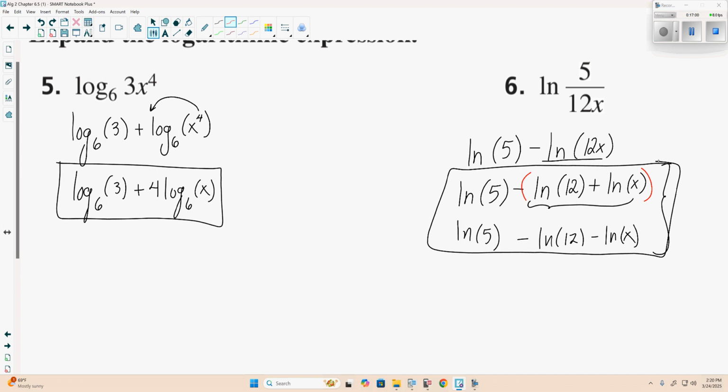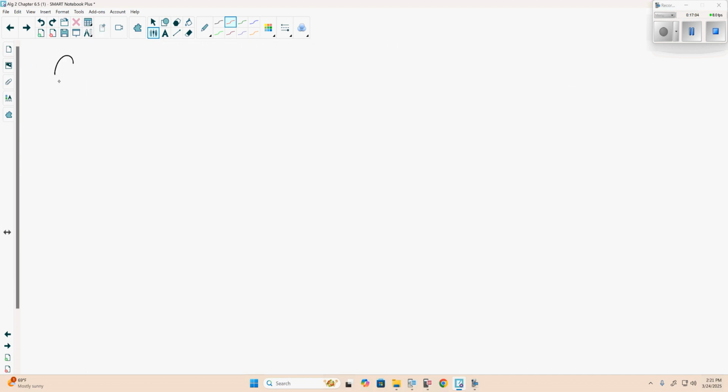We ready to condense? So condensing, we're going to go the other way. And when we condense, the first one we're going to do is powers.